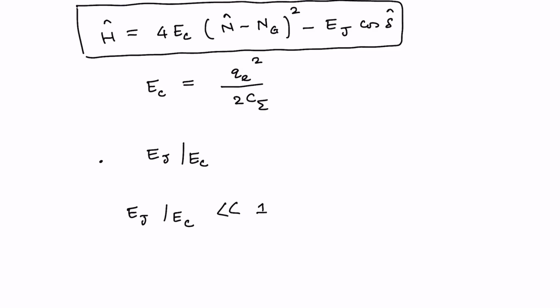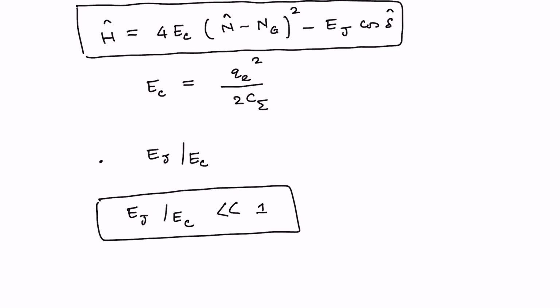That means the Josephson energy was very weak there, as you have discussed earlier. If we have EJ divided by EC much less than 1, then we get the so-called Cooper pair box out of this charge qubit. And the Cooper pair box is a typical example of a charge qubit, as I have already said.